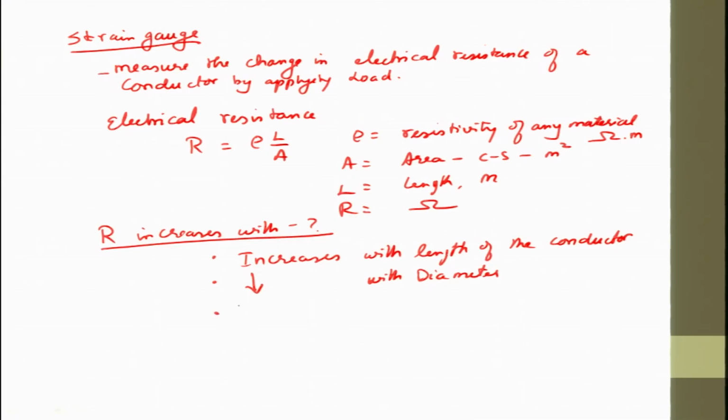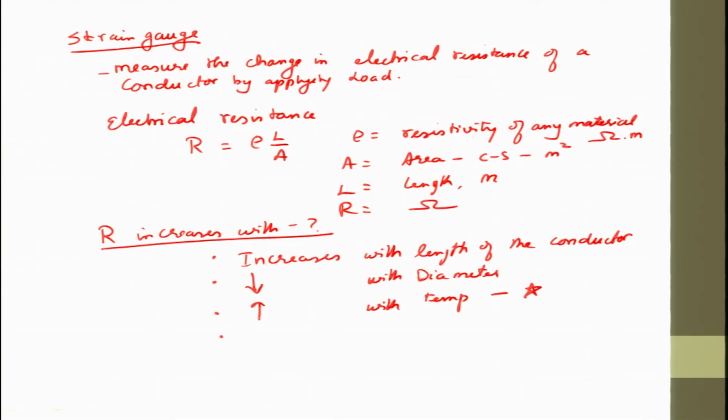The other thing is it increases with temperature. Please make a note. Many times we get erratic readings because of change in temperature, either at the conductor or when the conductor is stuck onto a shaft, where the change in temperature leads to this.